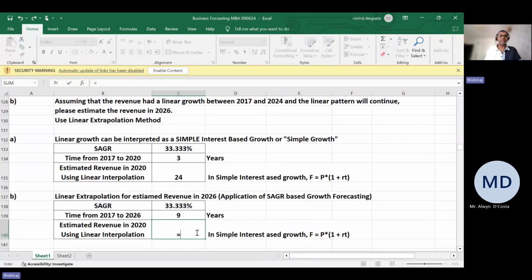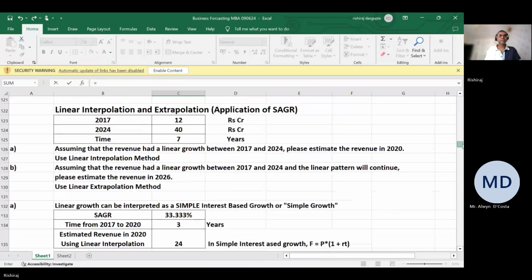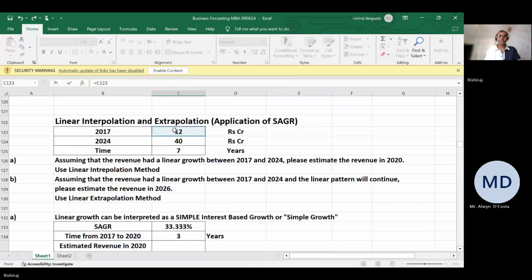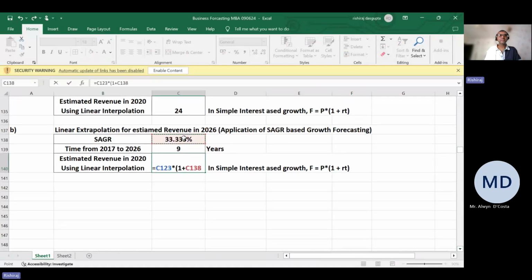So same, I am using P. P is 12, into 1 plus the rate of 33%, into N. N is 9 years, extrapolation beyond the scope of 2024.